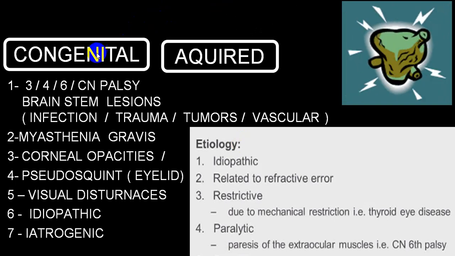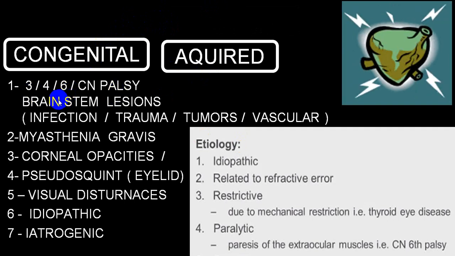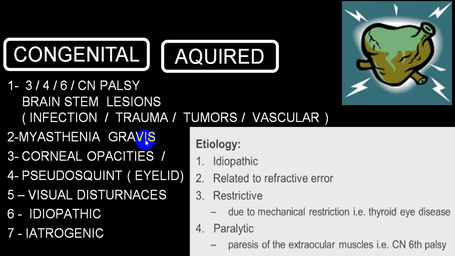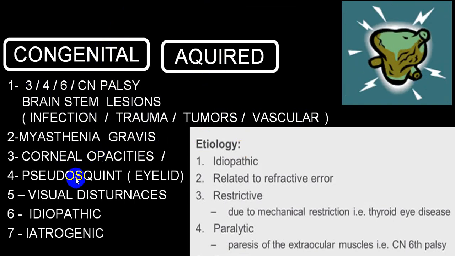So among etiology, it can be congenital or acquired. Among acquired, 3rd, 4th and 6th nerve palsy, which can be because of brainstem damage like infection, trauma, tumor or vascular, or may be seen also in case of myasthenia gravis, or because of visual disturbances like corneal opacity, or maybe pseudo squint because of the epicanthal fold, excess of epicanthal fold in an eyelid.